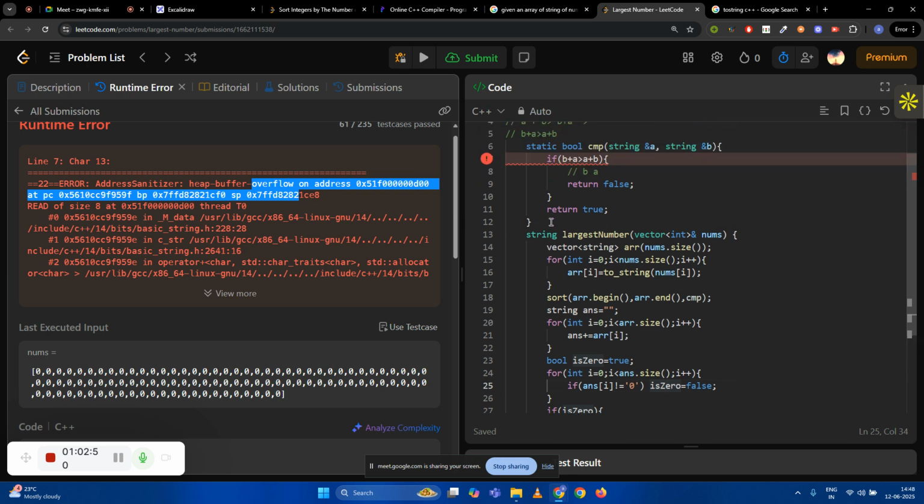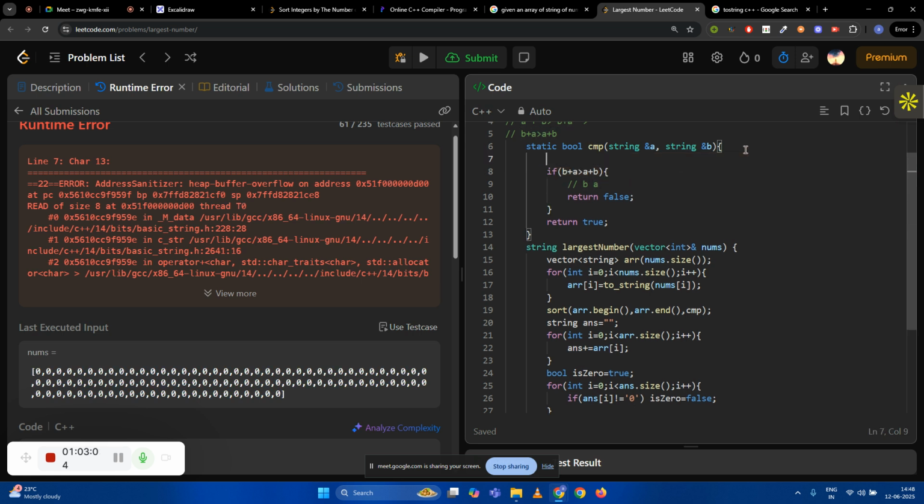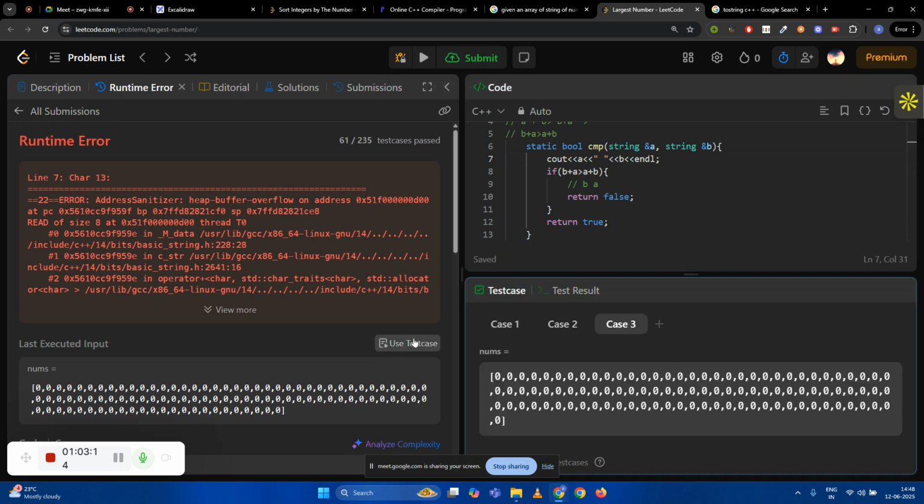Oh, my bad. Line 7 character 3. If B plus A, let me print out if it prints. Use test case.